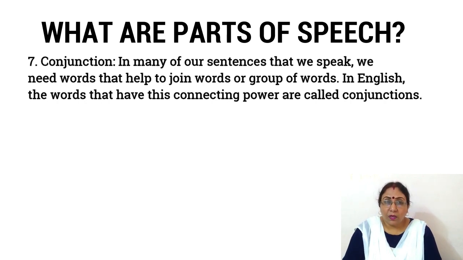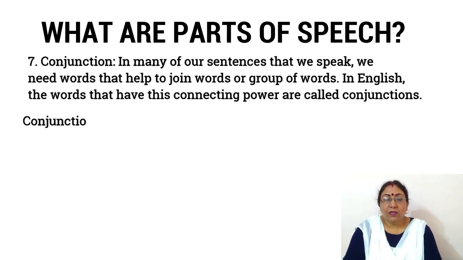The word which has the power of joining two or more words or phrases in a sentence is known as a conjunction. This conjunction can also be called a connecting word, which connects words or phrases or clauses.